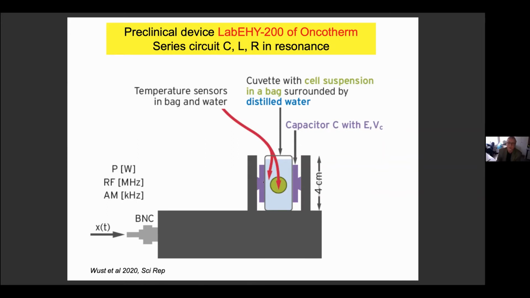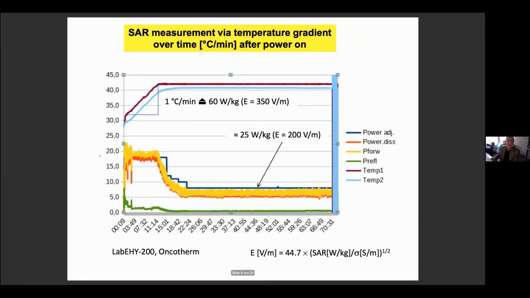But you have to know the SAR or the E-field in the specimen. So our suggestion is to measure the SAR in the specimen via the temperature gradient over time after power on. Here you see a typical temperature time curve in the specimen. We have a low SAR in our publication, in the range of 35 watt per kilogram, which is not very high.